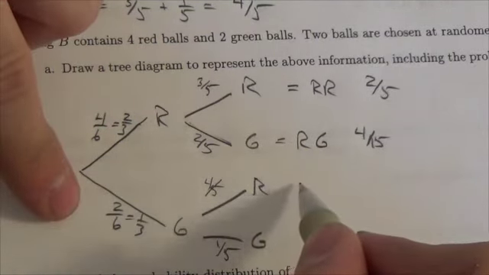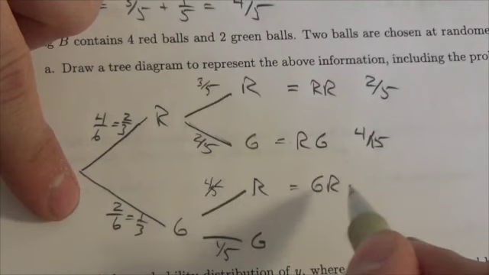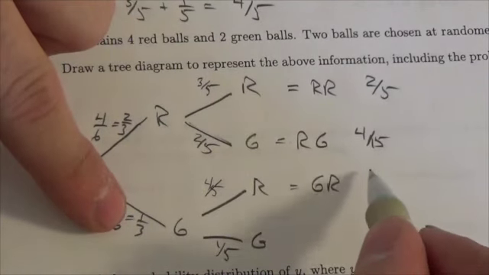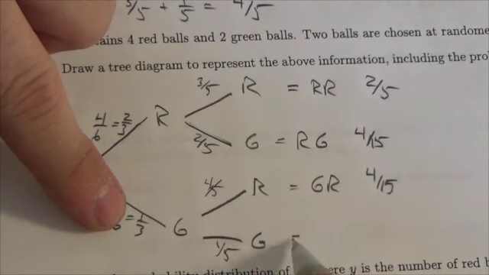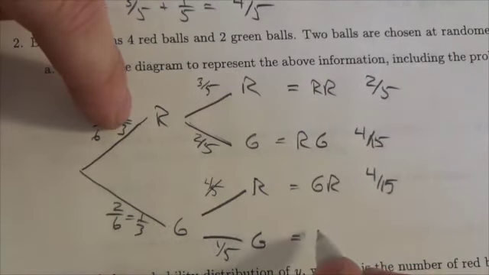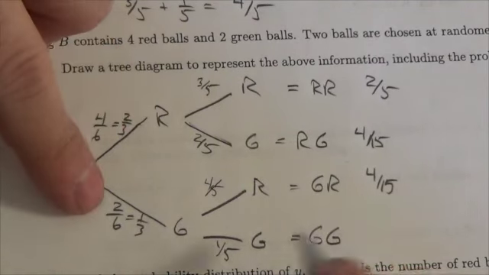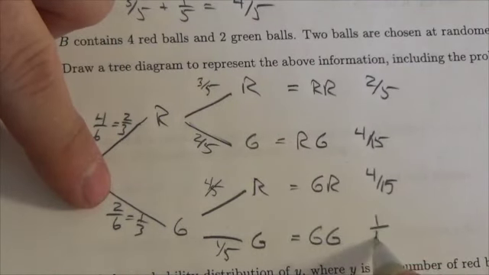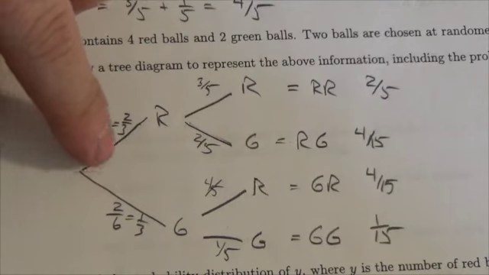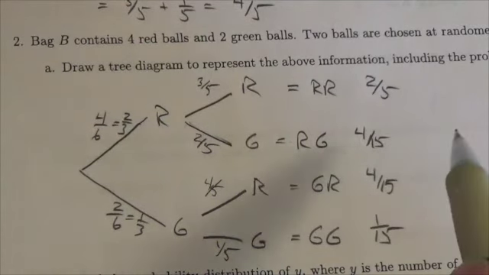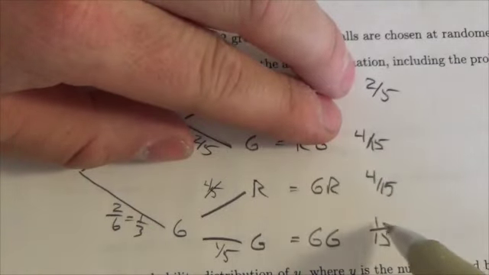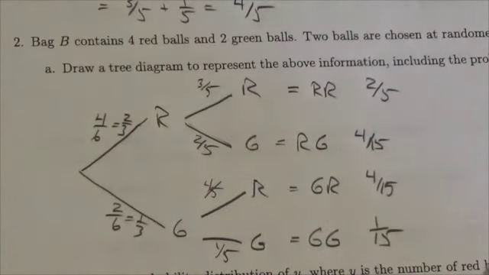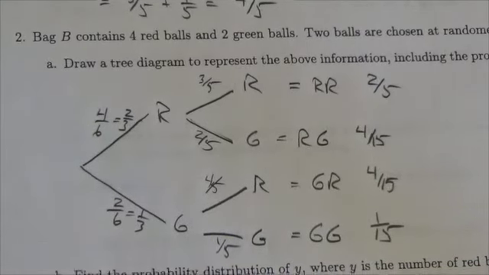The probability of getting green-red is 4/15. And the probability of getting green-green is 1/15. If we add those all up, 6 and 4 is 10, and 4 and 1 is 15, altogether that's going to be 1. And so there's our tree diagram.